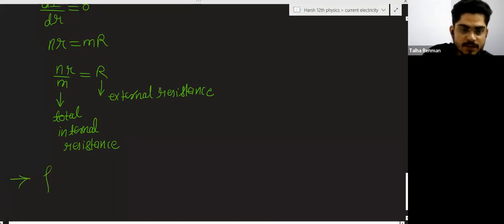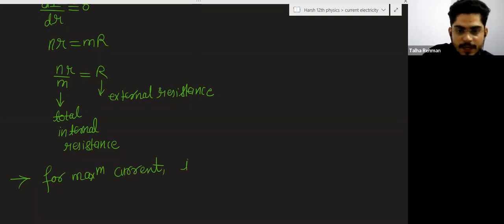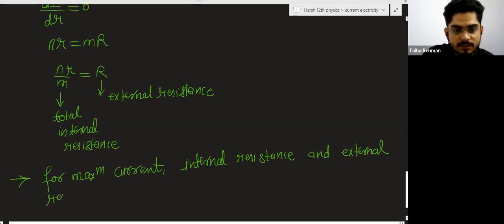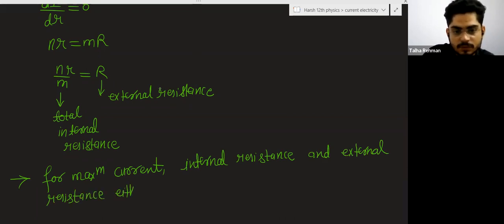So for maximum current, the internal resistance and external resistance should be either equal or comparable.